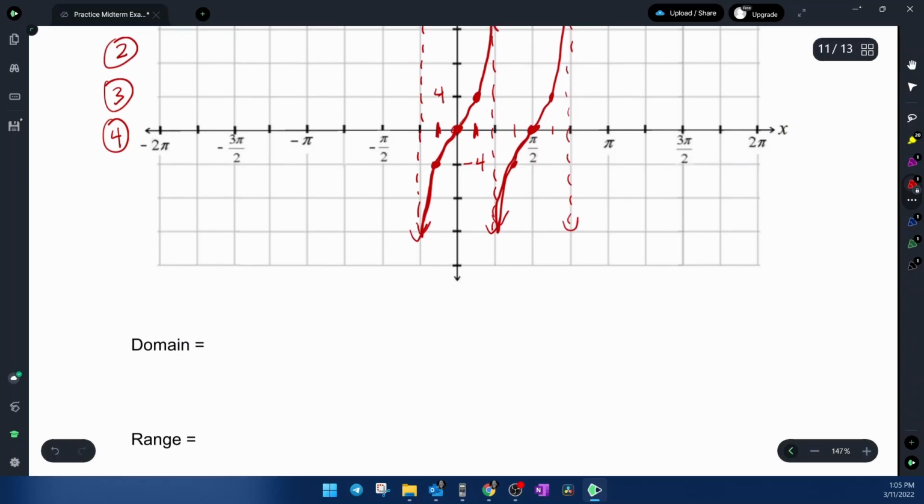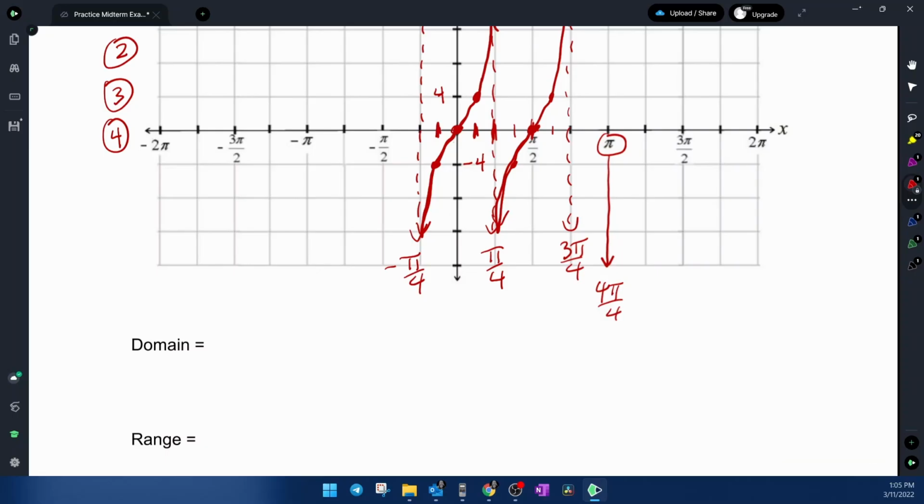Now, the asymptotes, those were at negative pi over 4 and pi over 4. And then what would be this asymptote? Well, if we count, that would be 1/4, 2/4. This would be at 3 pi over 4. And then you can see that everything lines up because pi is 4 pi over 4, which would be the next hash mark.